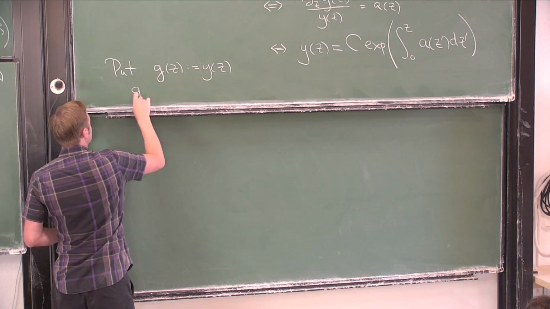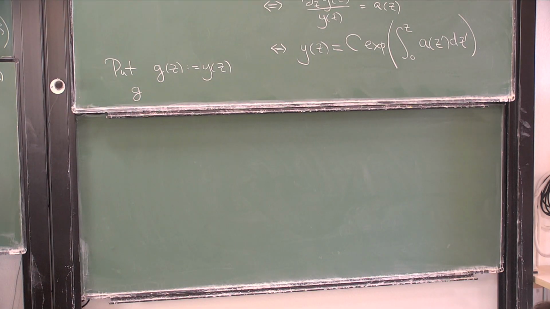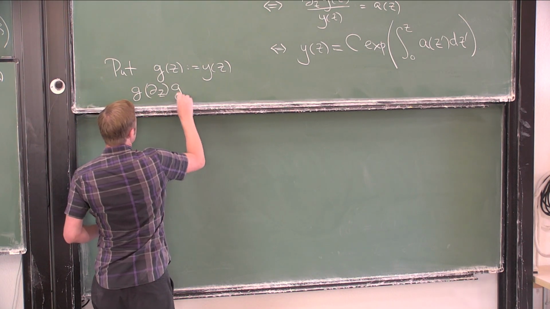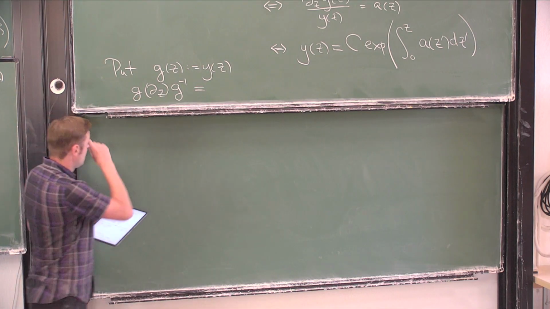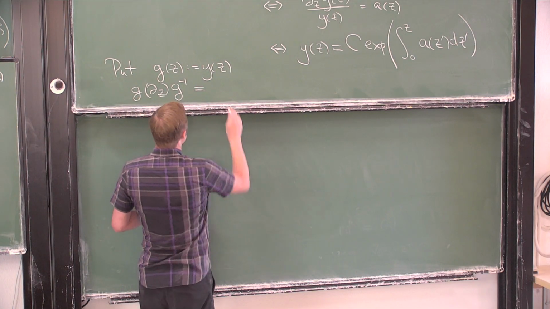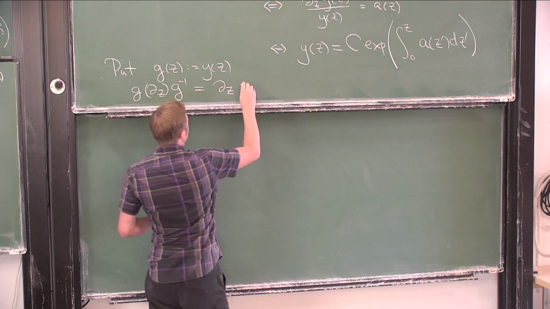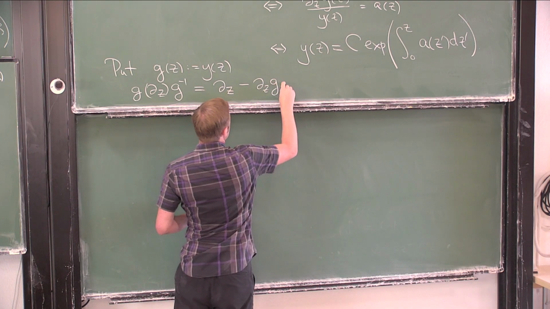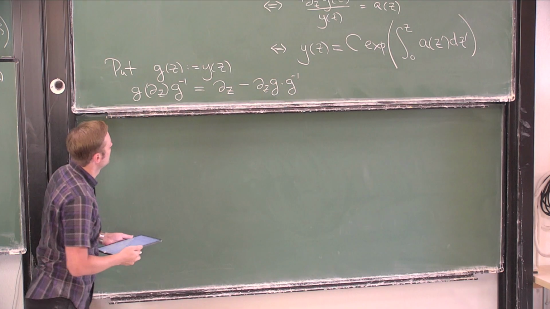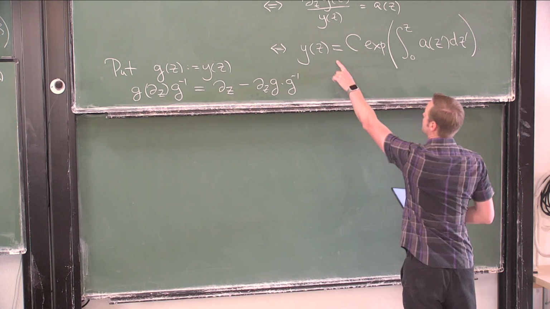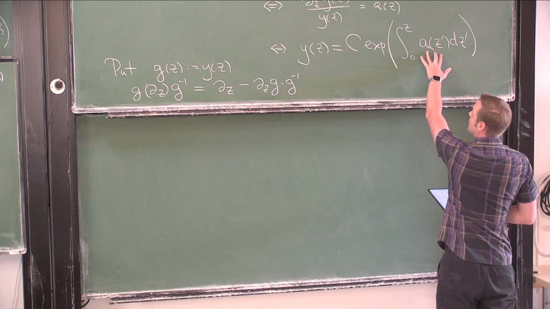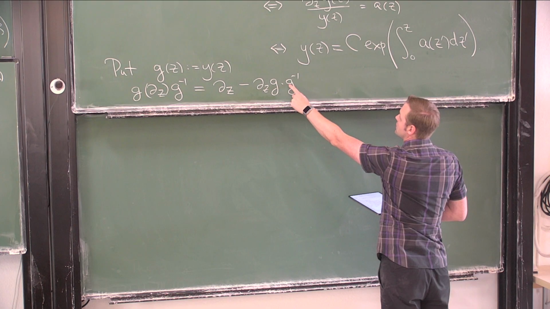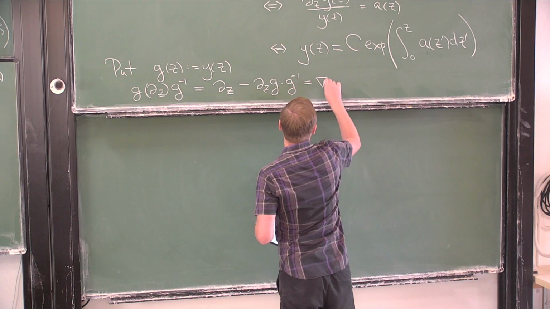If I compute this side, g del z g inverse, I just get del z g times g inverse, and so if I differentiate g, which is y, I just get a back, and then I cancel out the g. So this is precisely nabla.